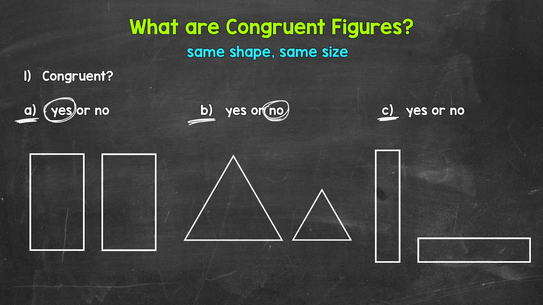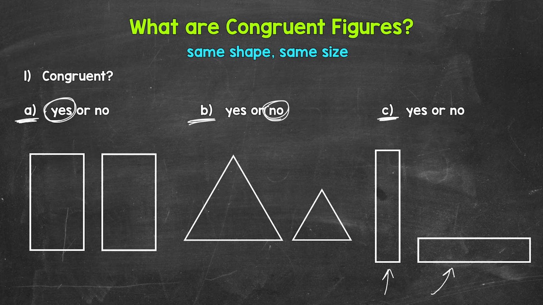Taking a look at C now, are those two rectangles congruent? Well, they do look like they are the same shape and size, but if we start with the rectangle on the left and then look at the rectangle on the right, it has been rotated. It's been turned. So if we slid the rectangle on the right on top of the rectangle on the left, would they match up perfectly?